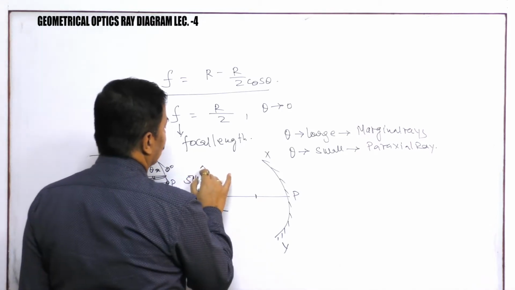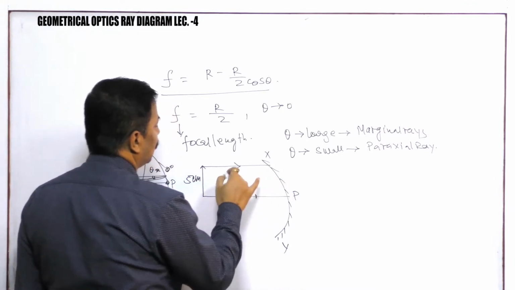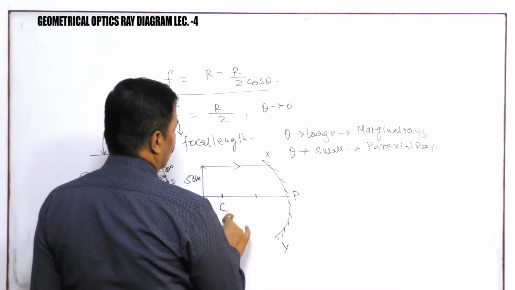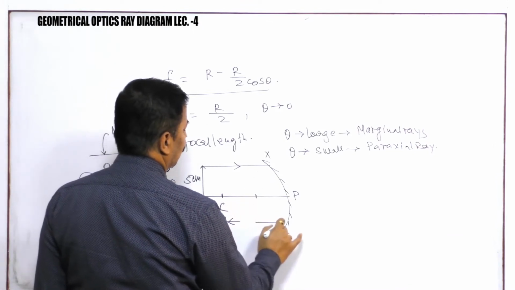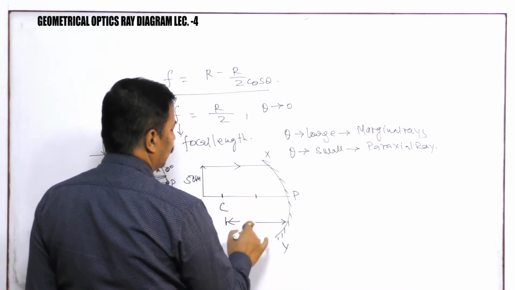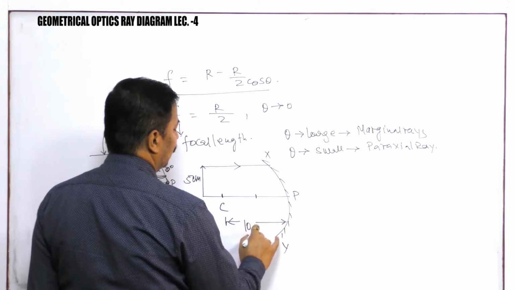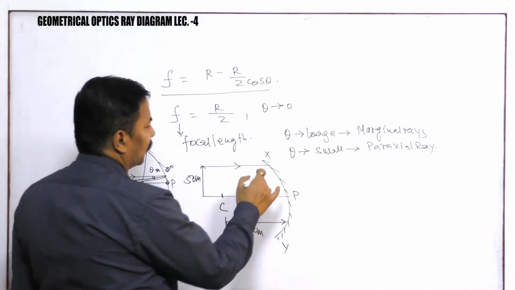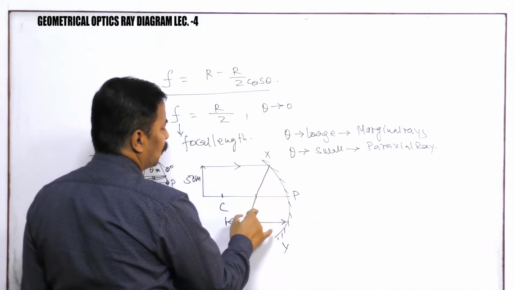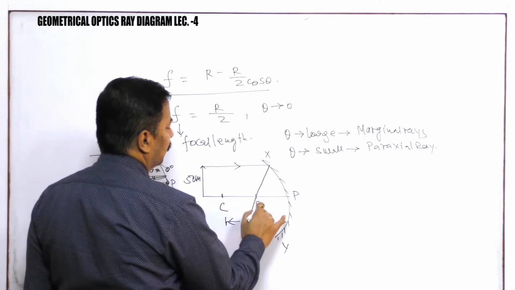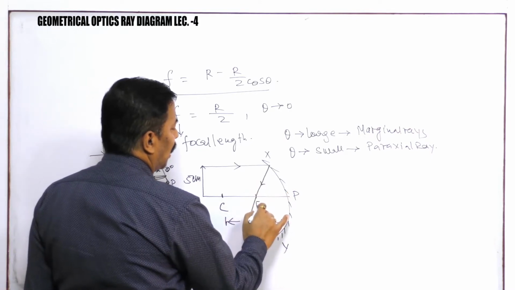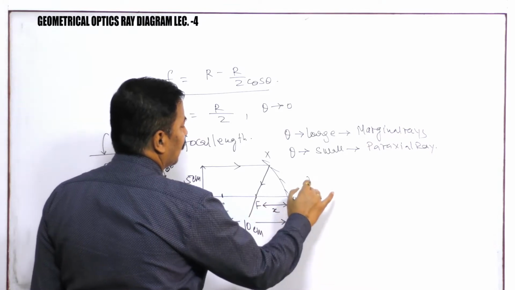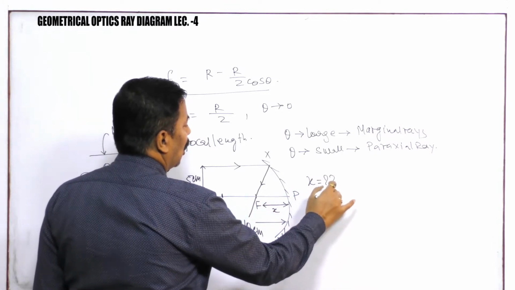A ray is incident parallel to the principal axis, and the radius of curvature of this is 10 centimeter. After reflection, this passes through a point F. Now this distance, if it is x, x is equal to how much?